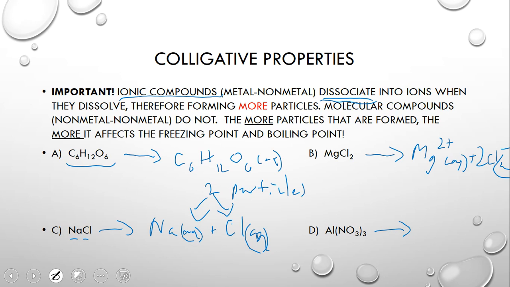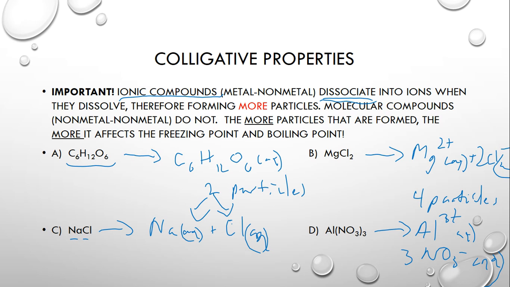That's going to break up into 4 particles, aluminum 3+, and it's also going to make 3 NO3-. We now have 4 particles. So this will break up the freezing point even more. It'll bring that freezing point down even more, and it'll bring that boiling point up a little more. All right, so that is the unit.